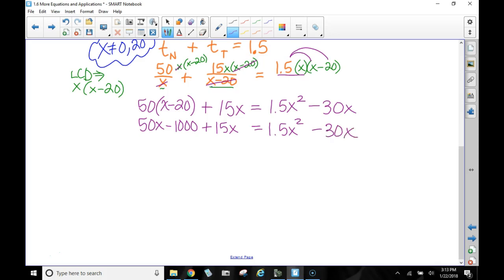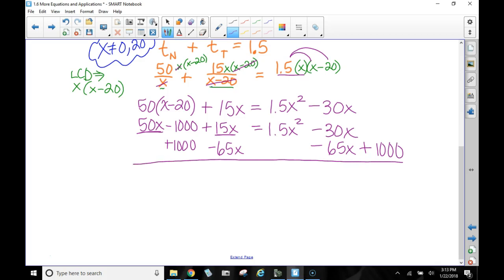All right, let's see. 50x and 15x is 65x. So let me go ahead and subtract 65x from both sides. And let me add 1,000 to both sides. So I have everything on one side over here equals 0.